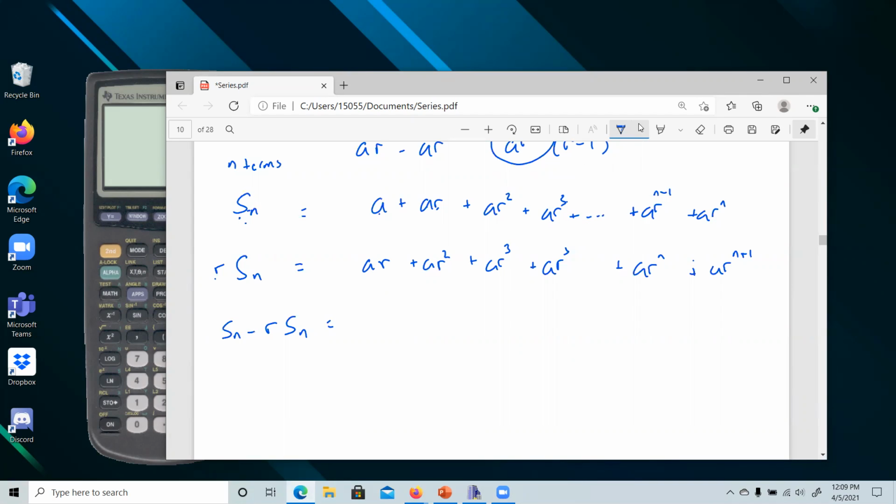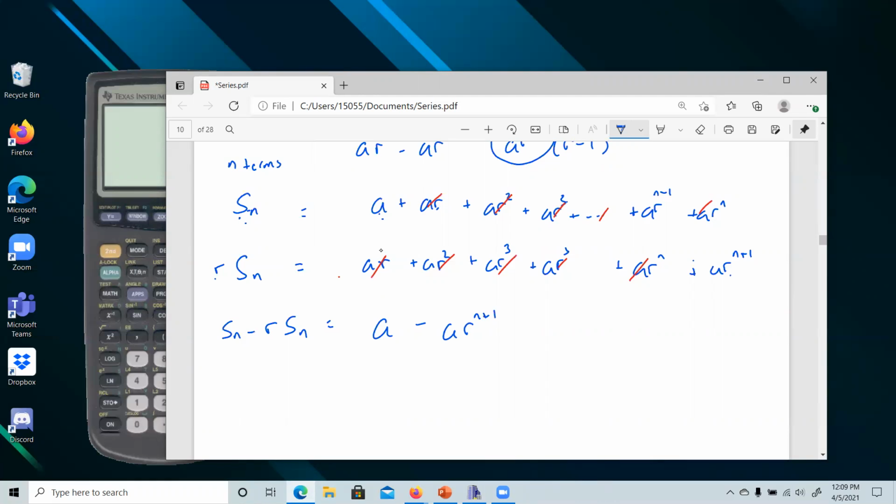Okay, but you can see, right, if we subtract, then this one and that one subtract out, this one and this one subtract, this one and this one subtract, all the way down, right, to this. And the only ones we have left are a, right, for this one, that's Sn, minus a, r, n plus 1.